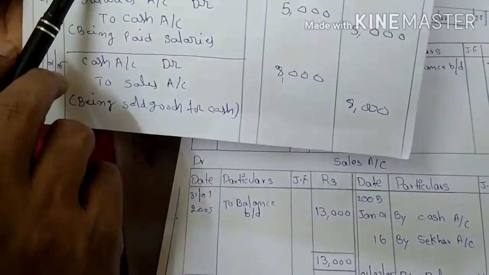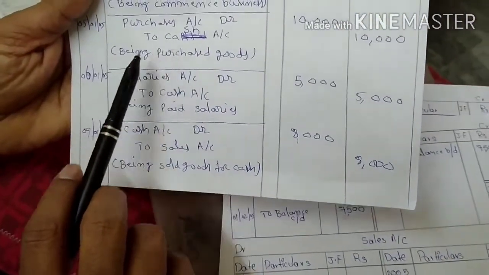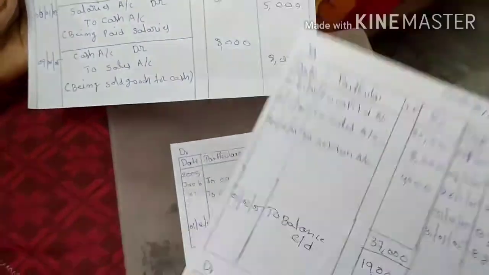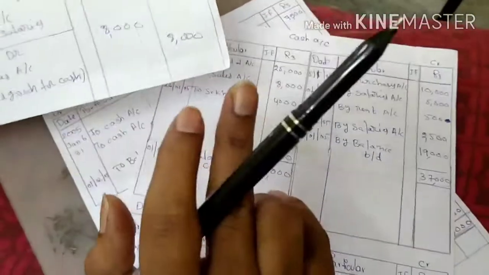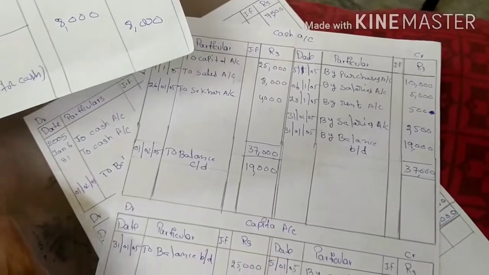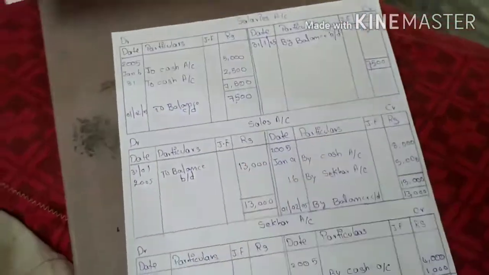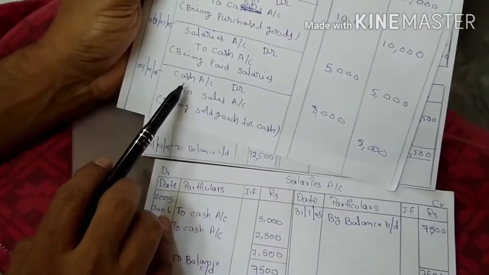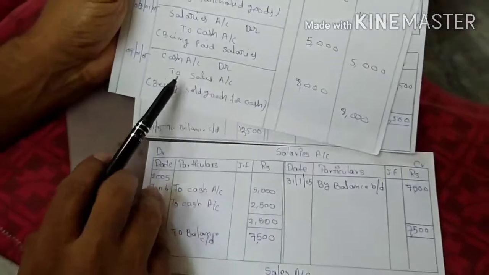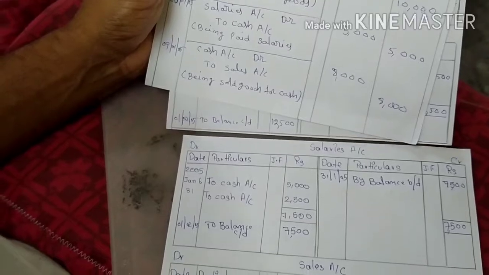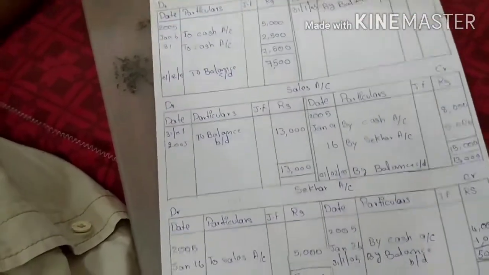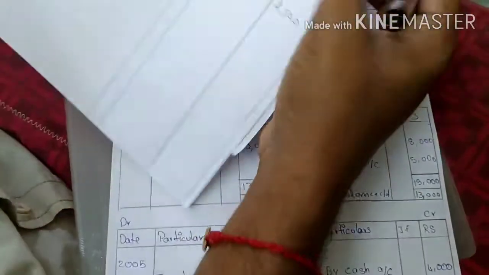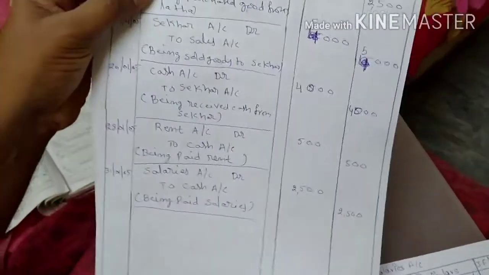Next, after purchases, cash is there. Cash, we already prepared that account. Once we have prepared it, it is not necessary to do it again. Next, salaries is there. Now the salaries account needs to be prepared. I have prepared it here. Next, the salaries cash account is there, already prepared. Again cash is there, already prepared. Sales account, now the sales account is prepared as per our earlier discussion. Next, the purchases account, already prepared.